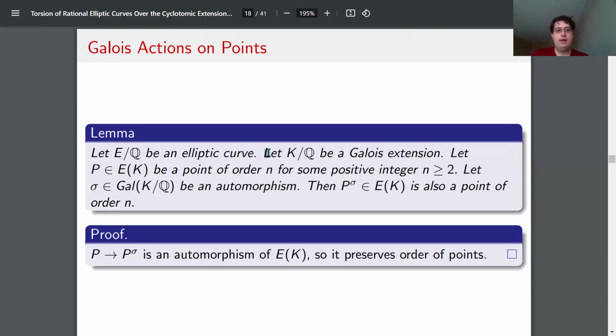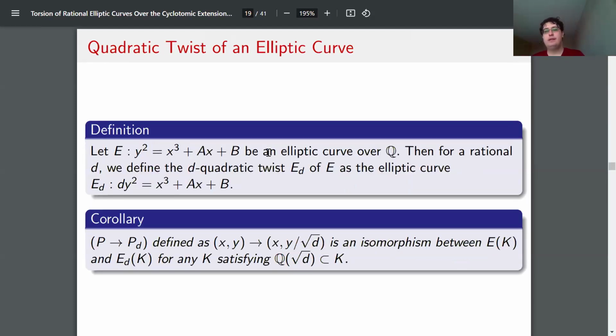Also, just a quick reminder: a quadratic twist of an elliptic curve means that E has this form, then we take a rational d and define the d quadratic twist with the equation d y squared equals x cubed plus a x plus b.